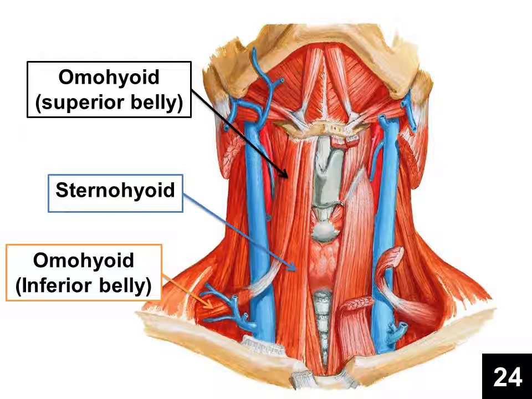Well, now let's come to the attachments. The superior belly is attached to the inferior border of the body of the hyoid bone and the greater horn of the hyoid bone, lateral of course to the attachment of sternohyoid. The inferior belly, as we said, lies in the posterior triangle and is attached inferiorly to the upper border of the scapula close to the scapular notch.